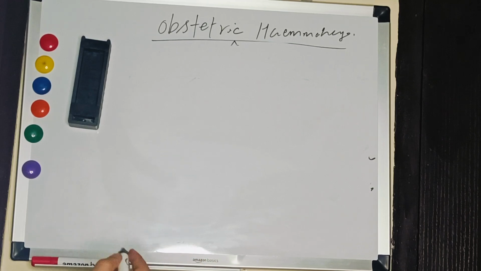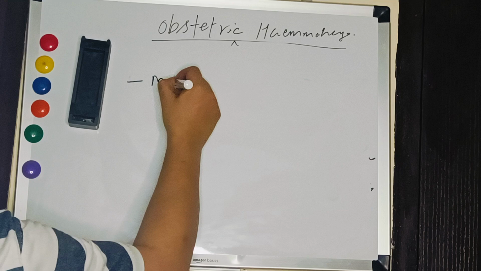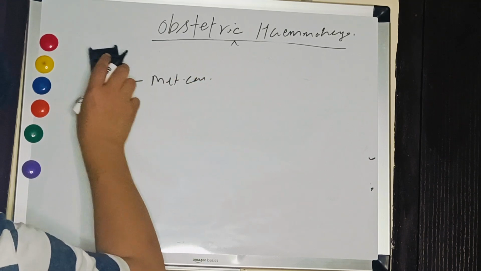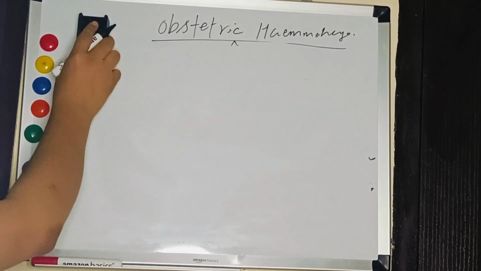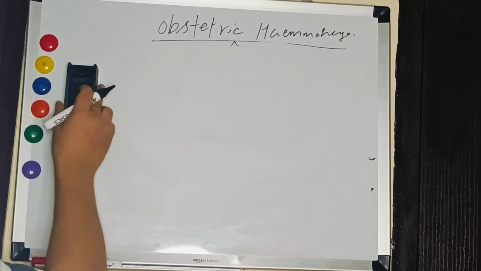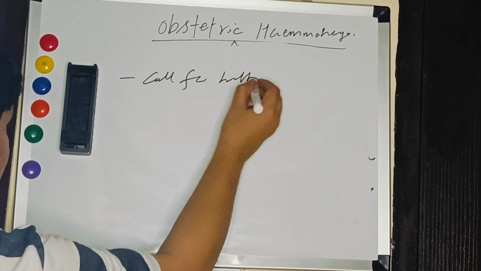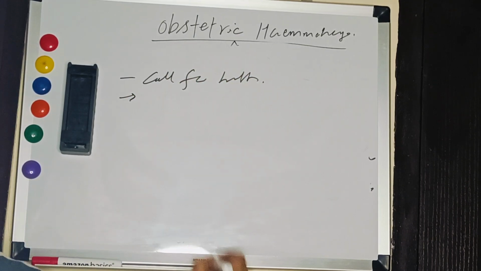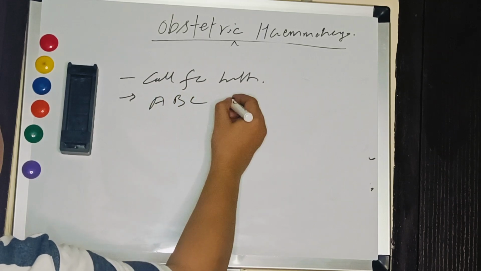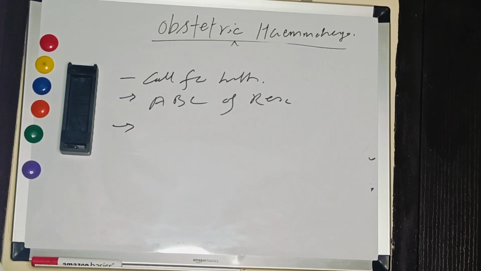Now, what is the management of obstetric hemorrhage? First, meticulous preparation, team information and coordination, and call for help. ABC of resuscitation. Head down tilt.